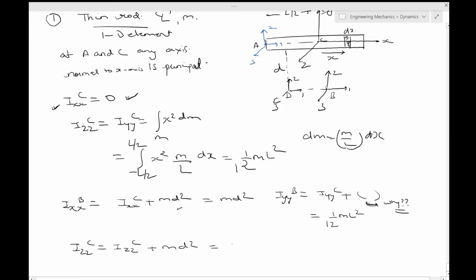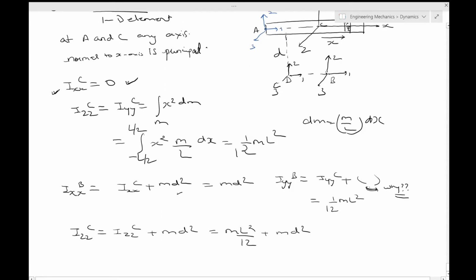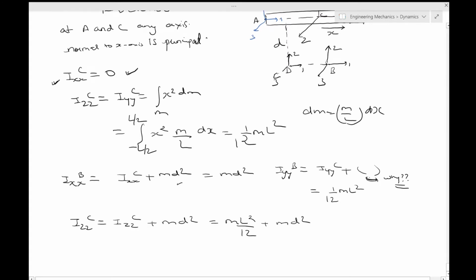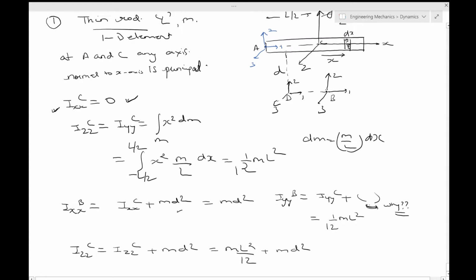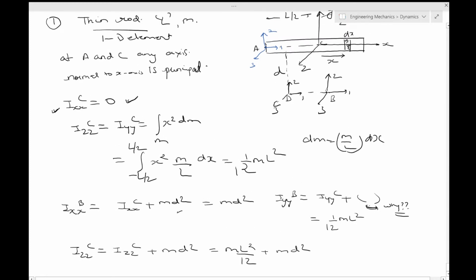So ML square by 12 plus md square. Okay, so I hope it is very clear that this point B is just below this over here. I think I have drawn it like that, but okay, fine.